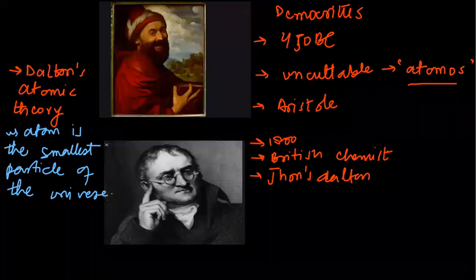But by then it was just a theory that was not formulated in the form of laws, because there were not enough instruments by which you could see a very tiny thing. So it remained just an idea, and no one knew the structure of an atom, like how an atom would look.